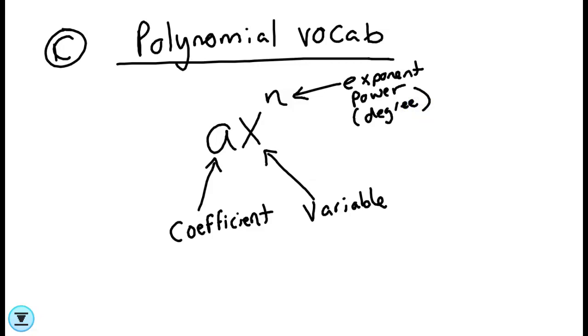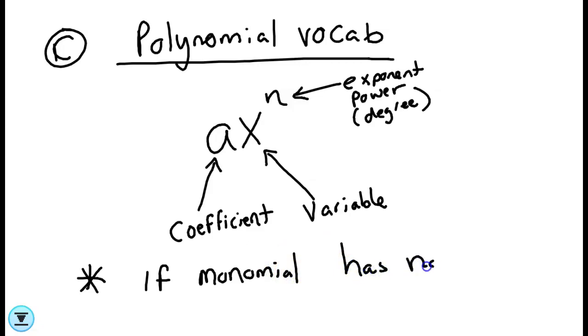So there's some vocabulary for you. And then one final little piece of vocab for you there. If a monomial has no variables, it's called a constant.